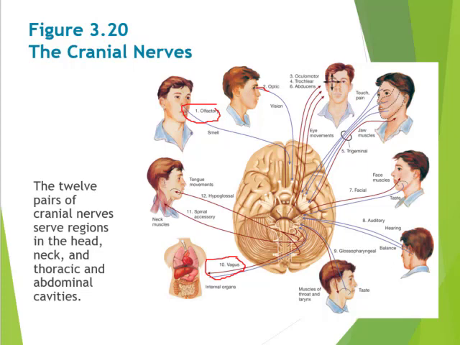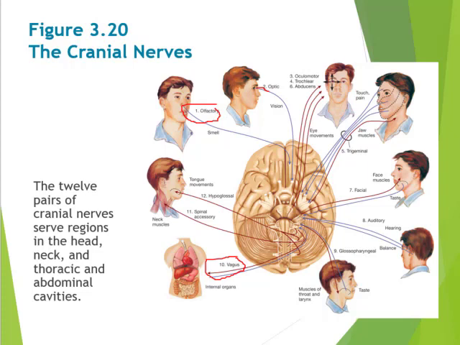The glossopharyngeal nerve is cranial nerve 9, that's involved with taste and also with control and movement of the muscles of the throat and the larynx.